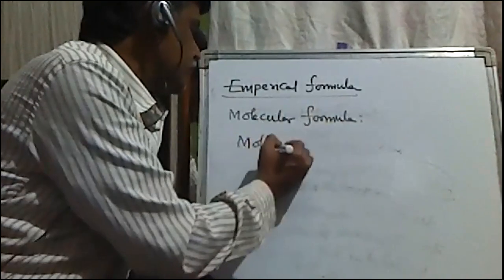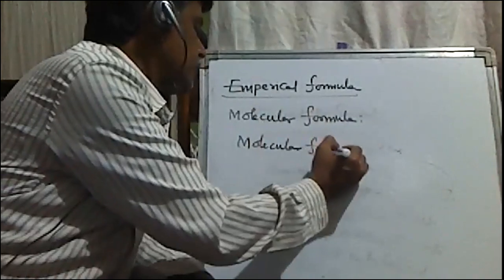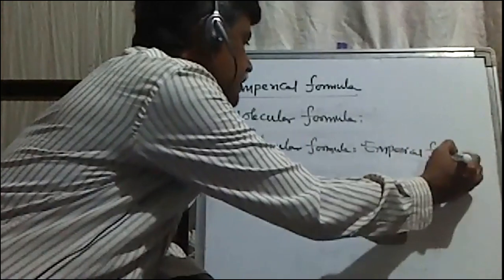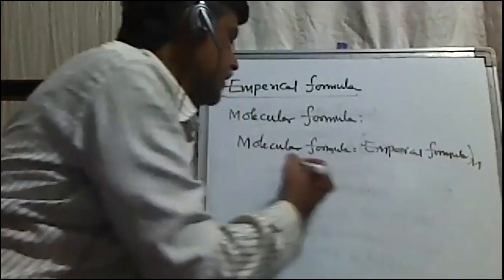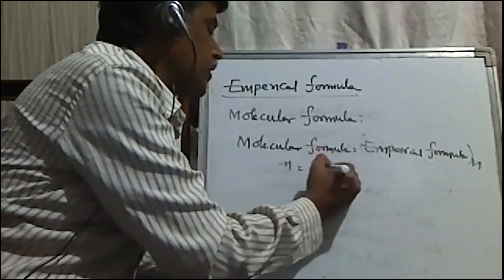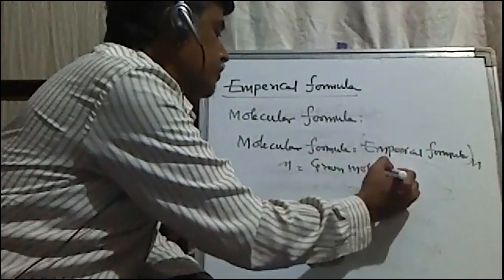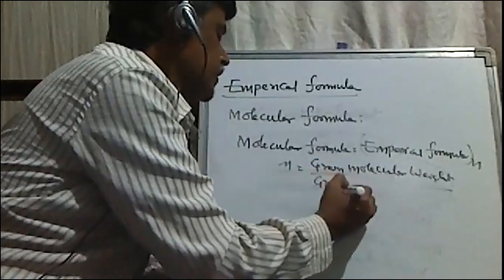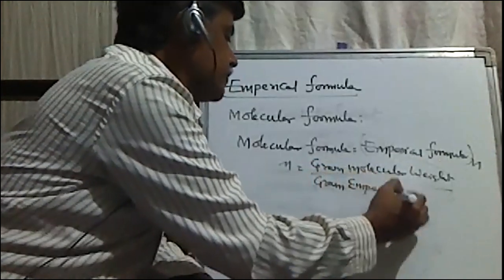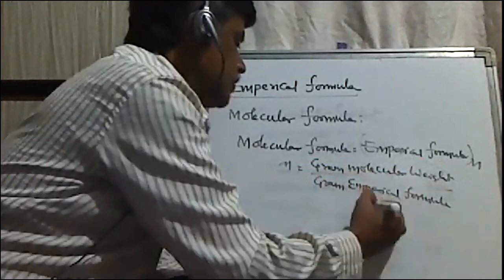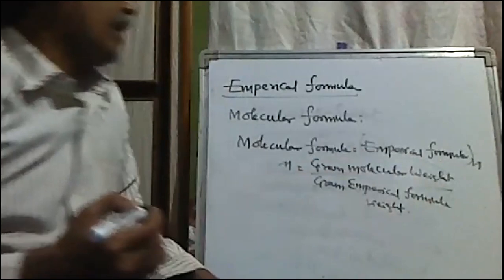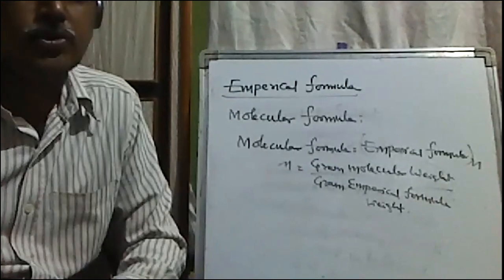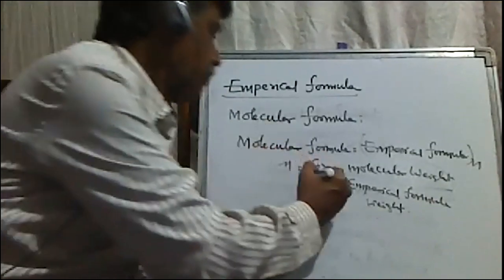Molecular formula is equal to empirical formula suffix n, where n corresponds to gram molecular weight by gram empirical formula weight.